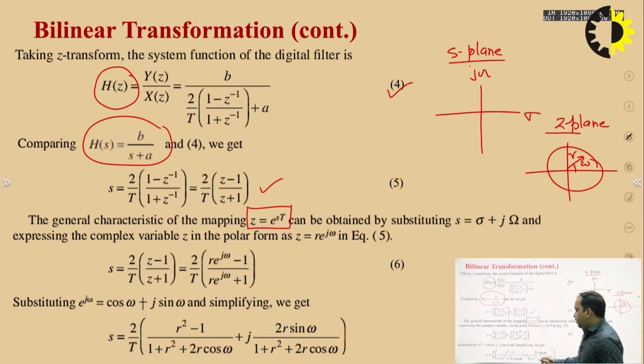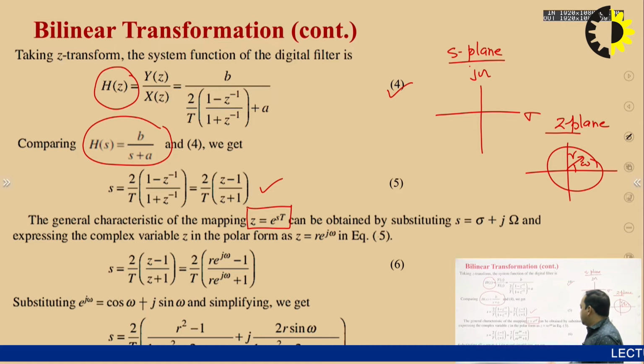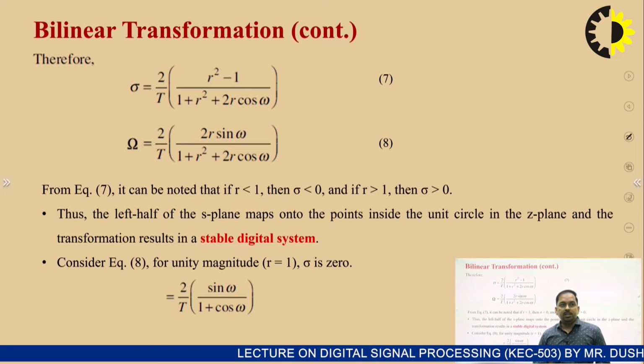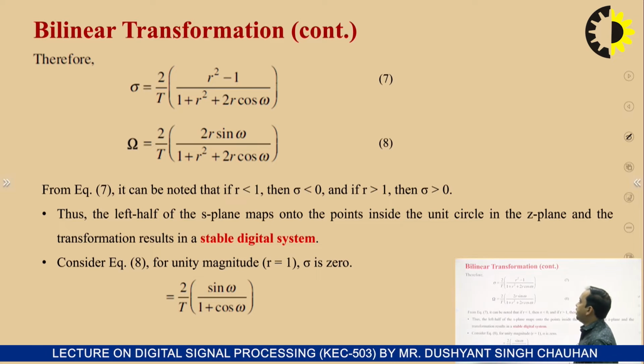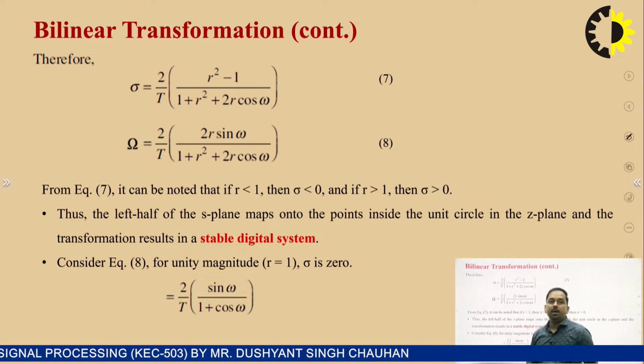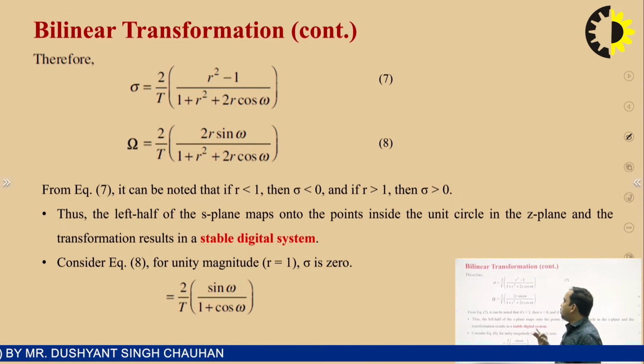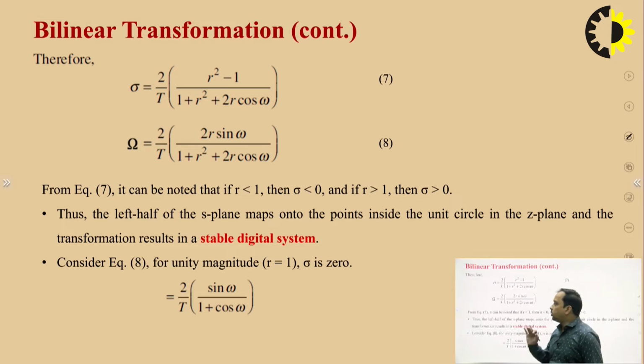Further, if we compare, this whole quantity is nothing but sigma, whereas this whole quantity is nothing but omega. In the next slide we can see that sigma = (2/T)(r^2 - 1)/(1 + r^2 + 2r cos omega). Also the analog frequency and digital frequency relationship is mentioned as equation number 8.